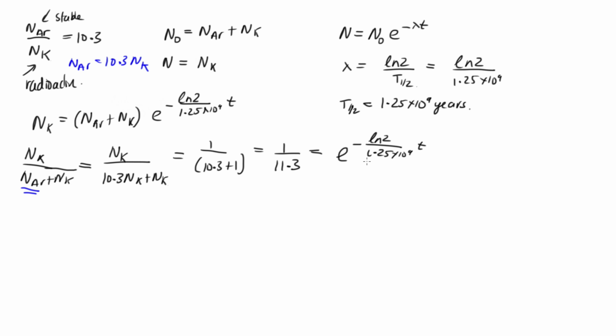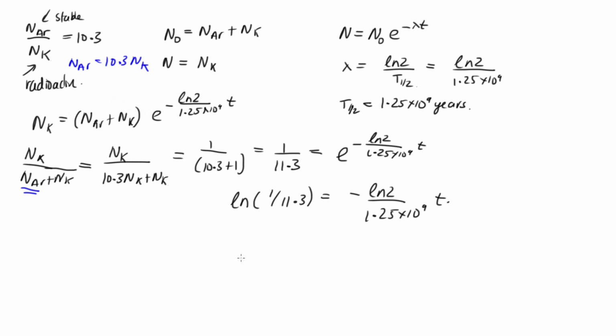Okay, so now we want to get rid of this exponent. So to do that, we'll need to take the logs. So we've got log of 1 over 11.3 is equal to minus log 2 over 1.25 times 10 to the 9 t. This you can just enter into the calculator if you don't want to simplify it any further first.